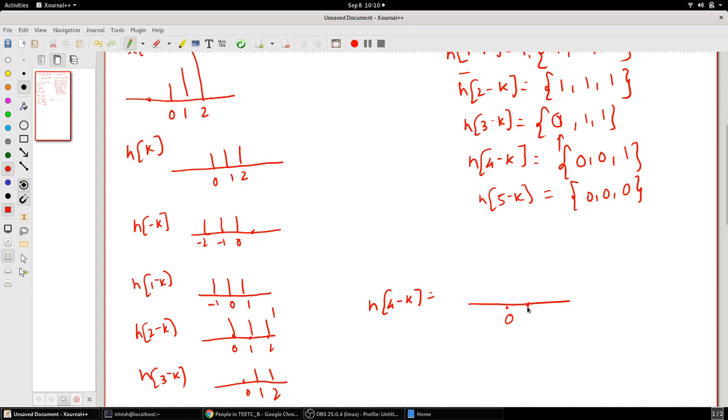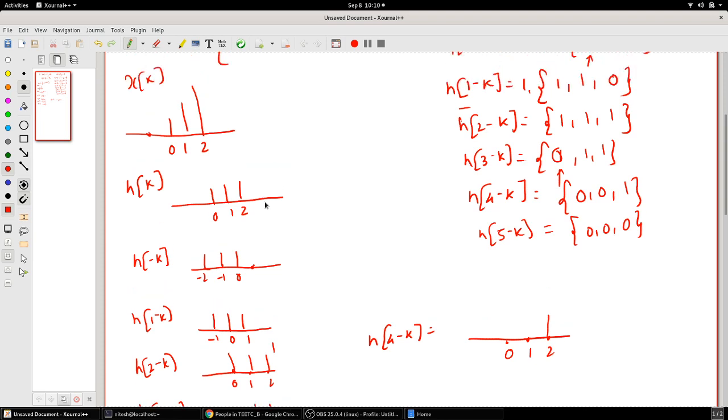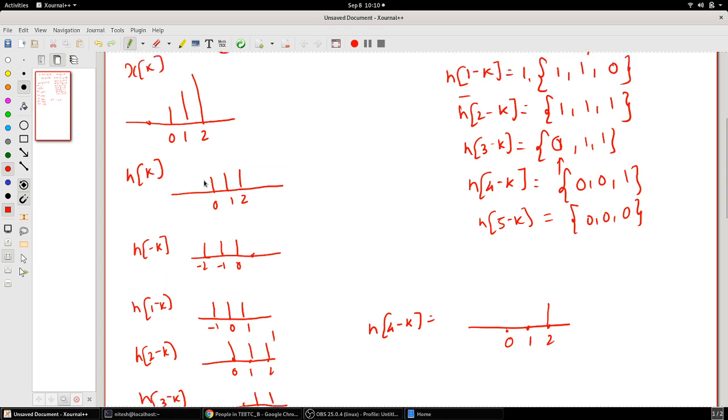Now it's basically the multiplication of your individual sequences. You multiply x of k with h of minus k, you get y of 0, x of k with h of 1 minus k, you get y of 1, and so on.